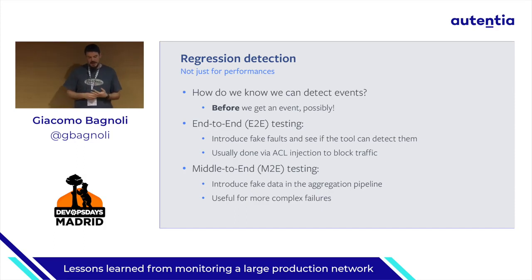So we came up with end-to-end testing, which is basically we inject ACLs into the network to stop our traffic only, and then we see if we detect it. This is pretty much end-to-end because we don't tell our tool about it. We just go into the network, block the traffic, and create a simple scenario.